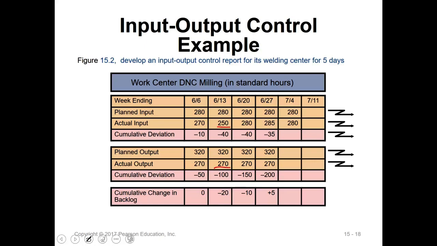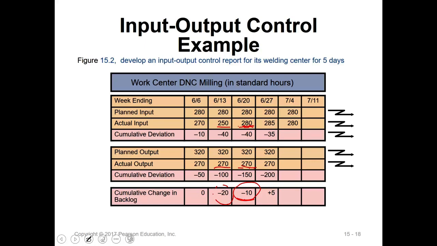Now they have a backlog, it is negative 20. But in the third week, it is reduced because 280 here, and 270. They only compare the input and output.